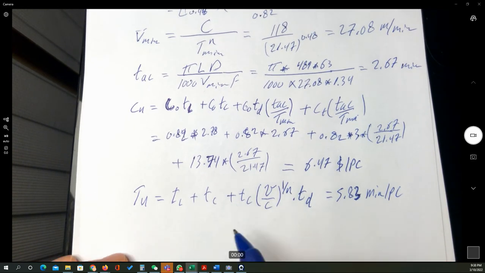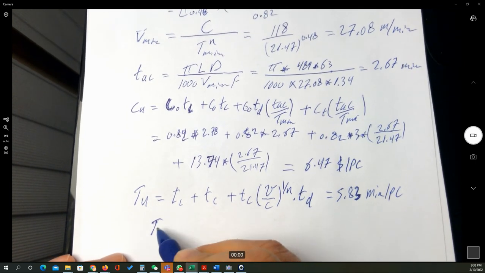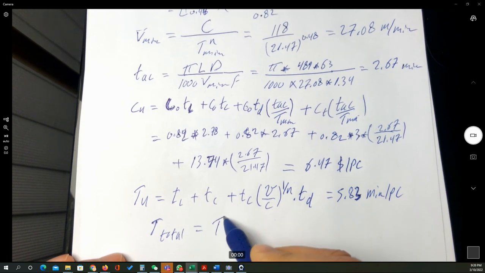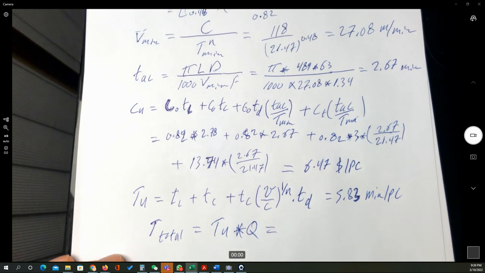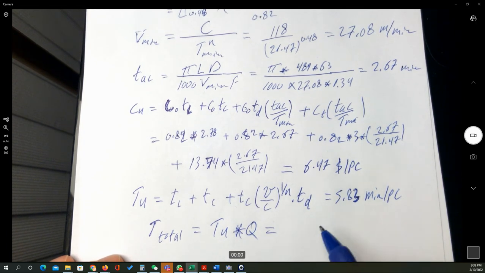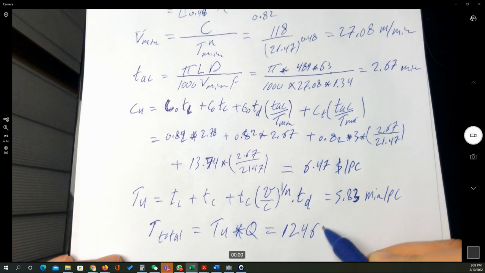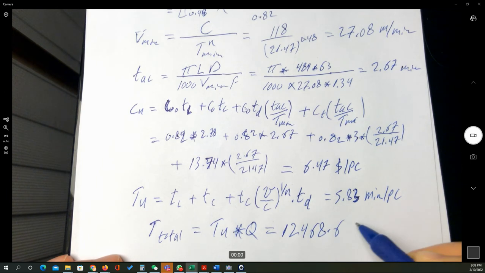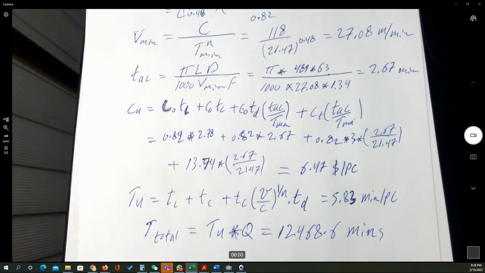Finally, to find the time of the production of the total load, time total is going to be equal to TU multiplied by the Q value. And according to my Q value, I will get the answer to be equal to 12,468.6 minutes to manufacture the whole batch.